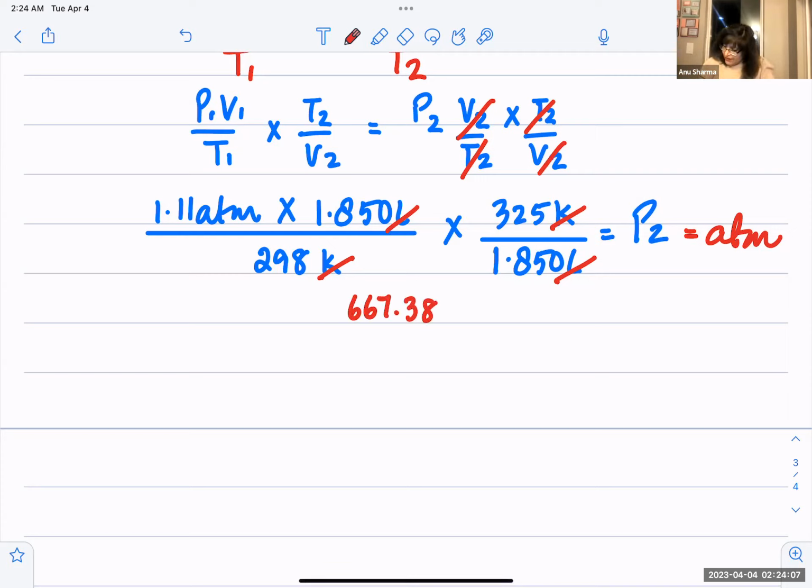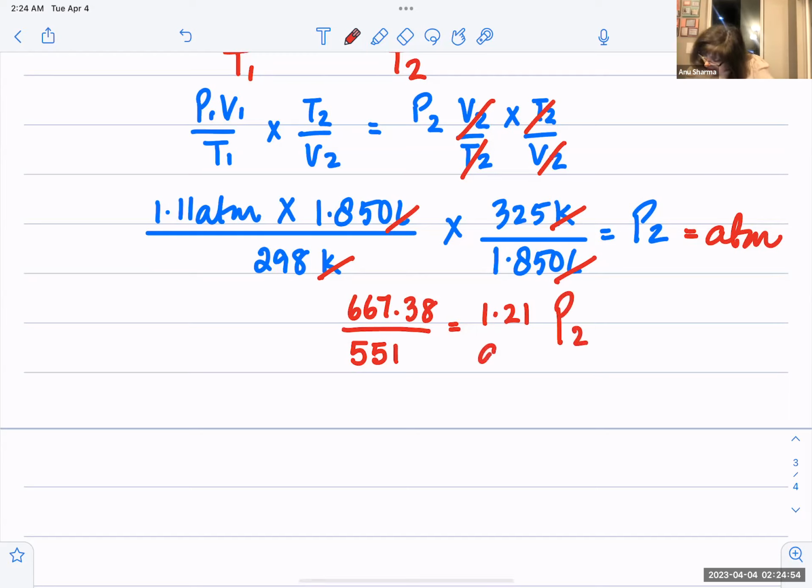Divide by 298 times 1.850, which is 551. 667.38 divided by 551 gives you 1.21, the value of P2 in ATM.